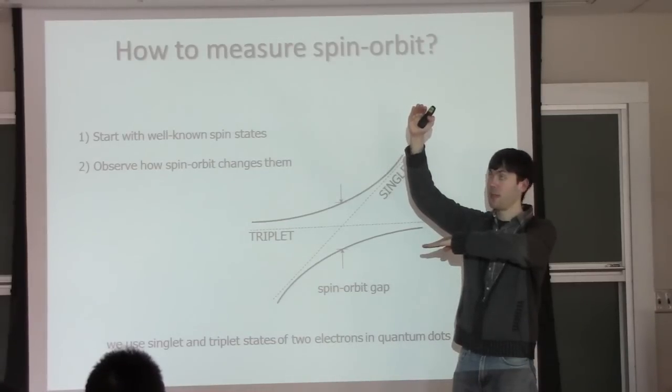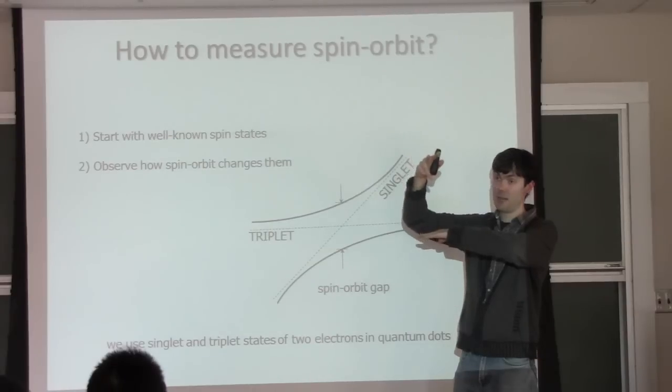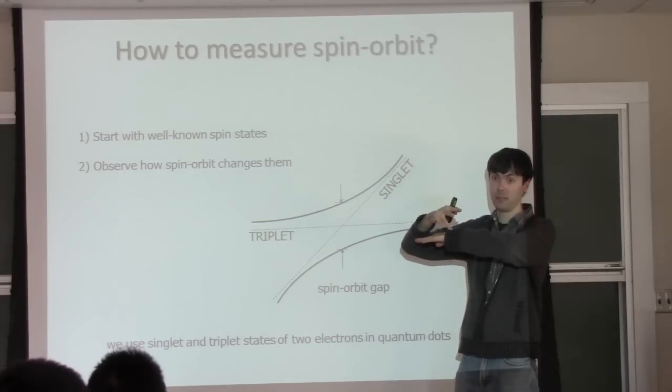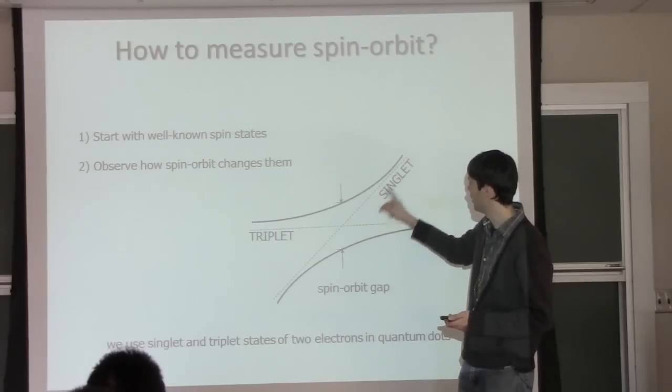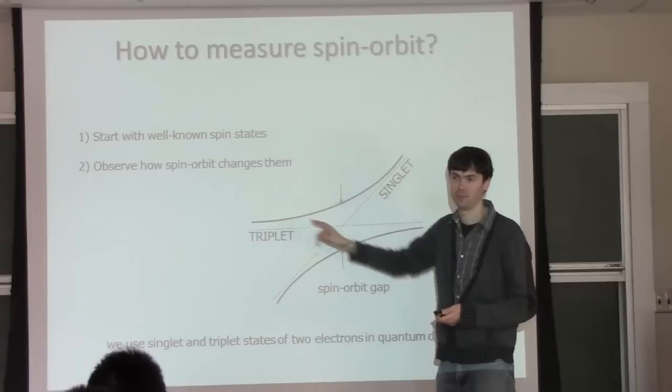Yeah? And then we apply magnetic field, and the triplet splits in 3, T0, T plus, T minus. And of those, T minus, or T plus, comes down and down and down until it meets the singlet. So the other way around. Singlet doesn't move, and triplet moves.